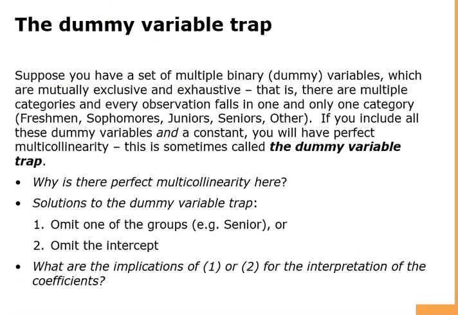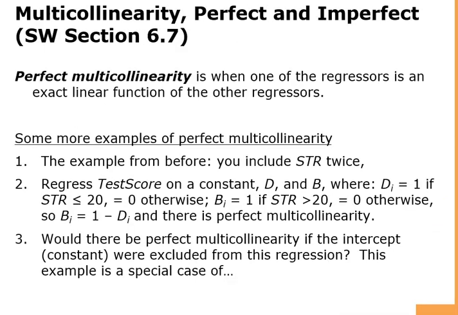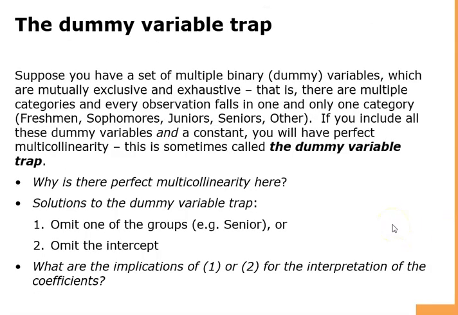So next thing that we'll do is the dummy variable trap. The example that we went over in the last slide, which is basically, will excluding the intercept solve the problem of perfect multicollinearity? This situation is actually called the dummy variable trap. What this simply means is that suppose you have a set of multiple binary or dummy variables which are mutually exclusive and exhaustive.